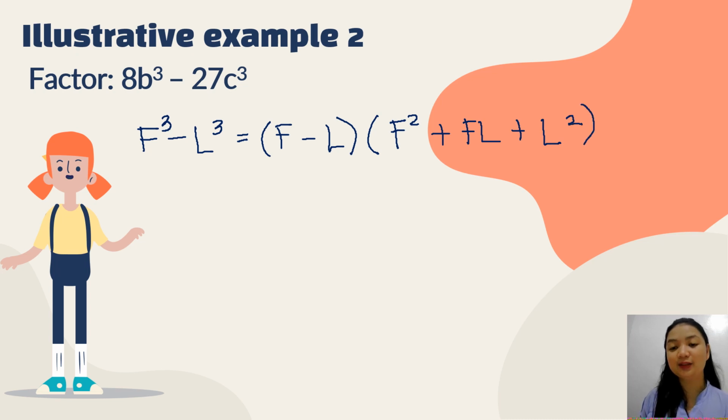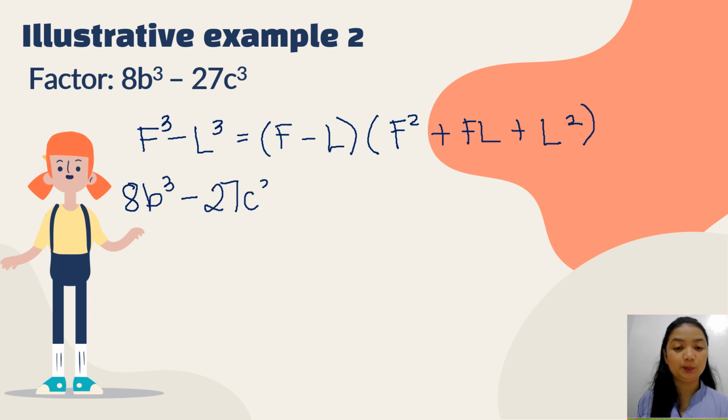This is not a tongue twister. This is a pattern that we must remember in getting the sum and difference of two cubes. So we have here 8b cubed minus 27c cubed.